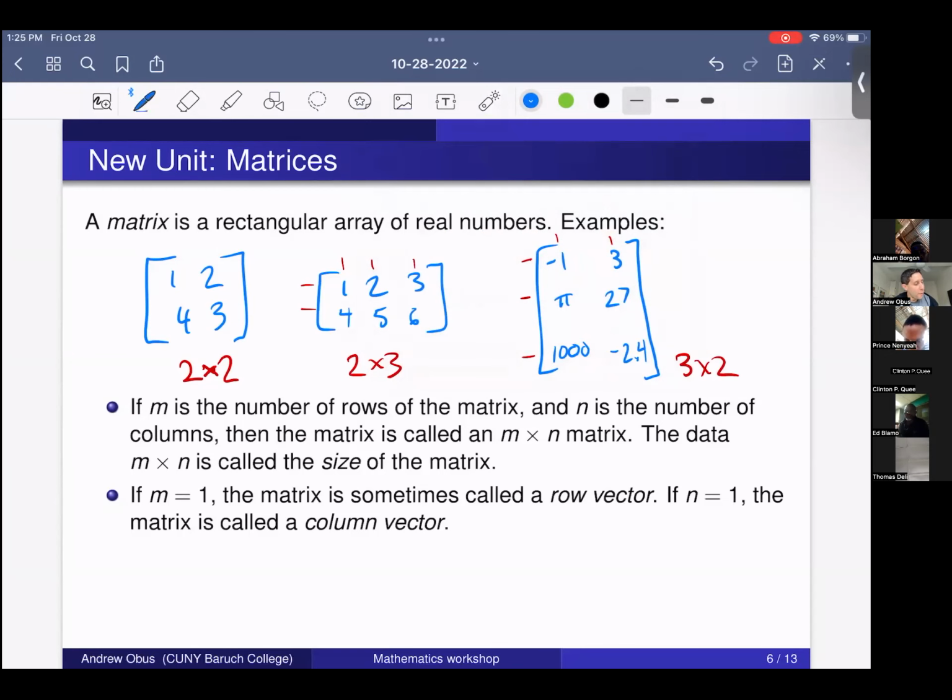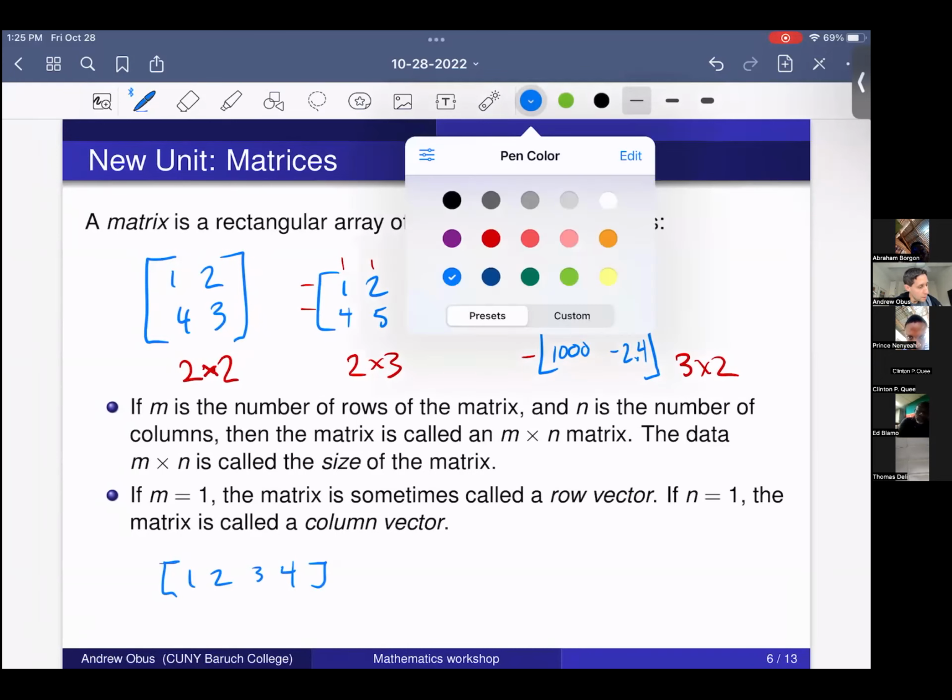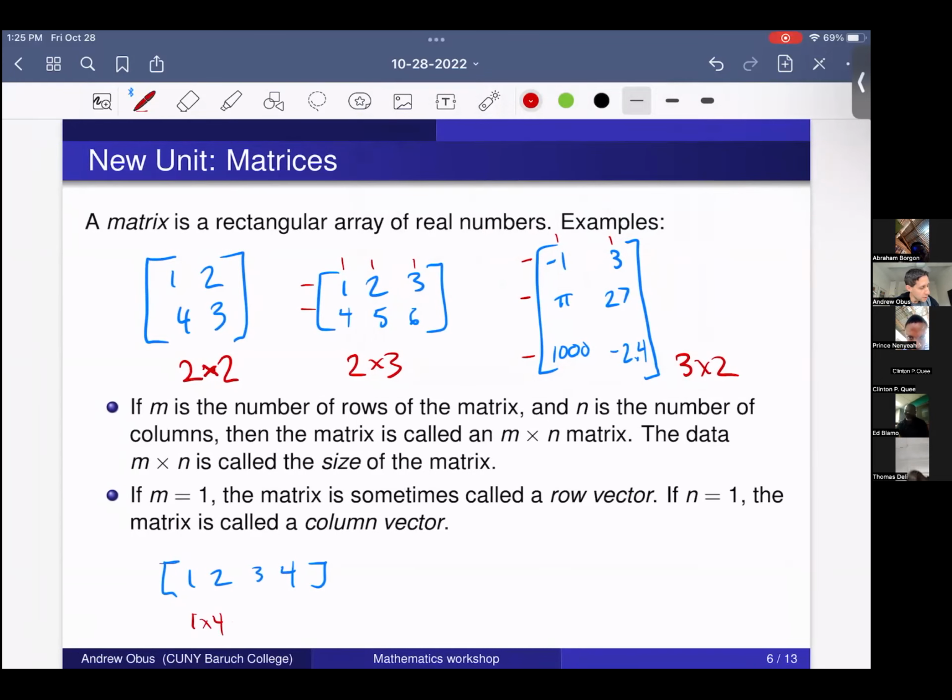Sometimes, if you have only one row, we've already seen row vectors and column vectors. A matrix like 1, 2, 3, 4 is a 1 by 4 matrix, or sometimes it's called a row vector because it looks like a vector and it's just in a row.